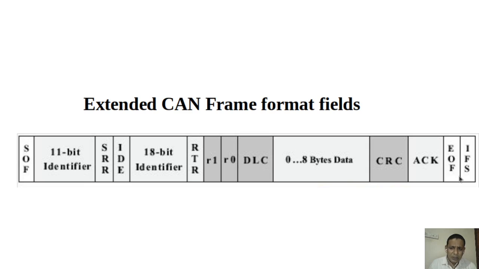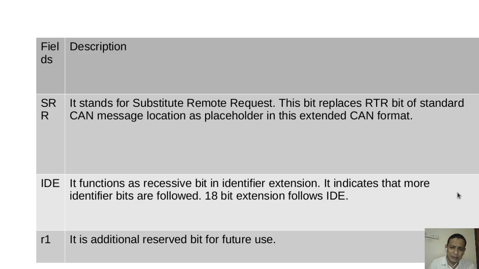All these are the fields in the extended frame. Some more fields compared to the standard frame format, so we can see what the extra fields in the extended frame format are.